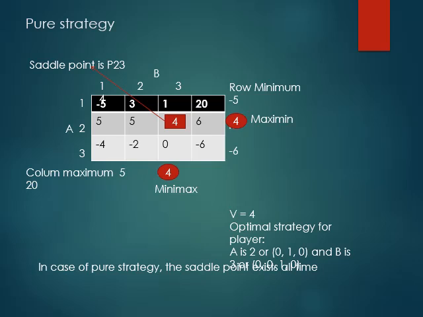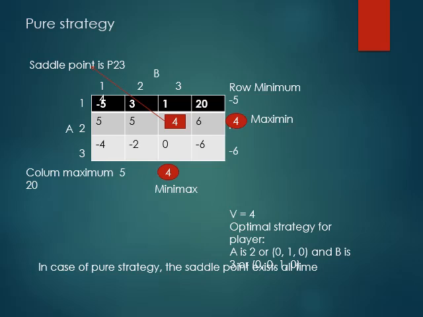So accordingly, the optimal strategy for each player is, for A, 2. What does that mean? That means player A will play the strategy number 2 and he will ignore the remaining strategies: 0, 1, 0.